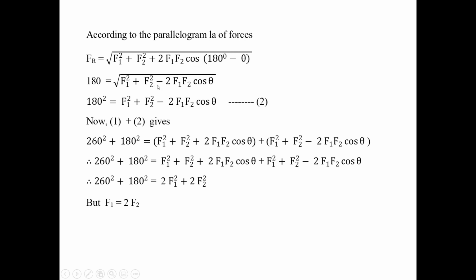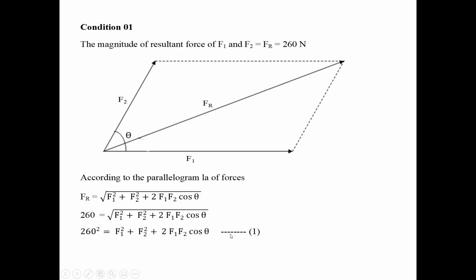Cos 180 minus theta is minus cos theta. Resultant force is 180 Newton. Square this equation on both sides. So 180 square is equal to F1 square plus F2 square minus 2F1 F2 cos theta. Equation 2. Just now we discussed equation 1. Equation 1 is 260 square is equal to F1 square plus F2 square plus 2F1 F2 cos theta.